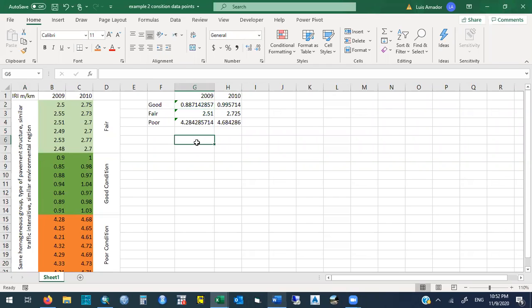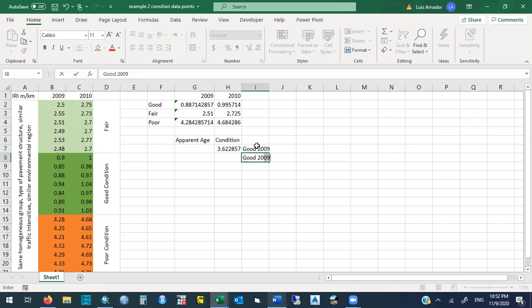So if I want, I can plot this and have an apparent age, which I don't know, because I don't know when was the last treatment that they did to this. And I have my condition. So I will have my condition for good: good 2009, good 2010.